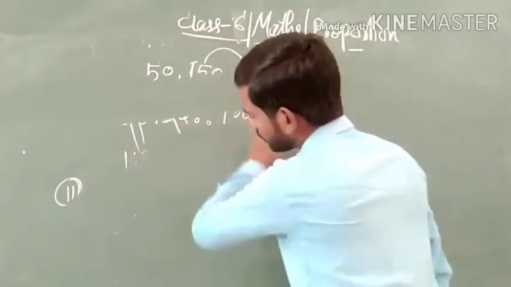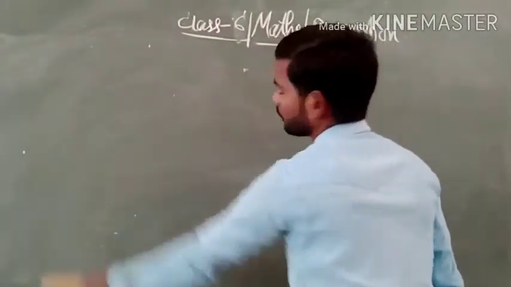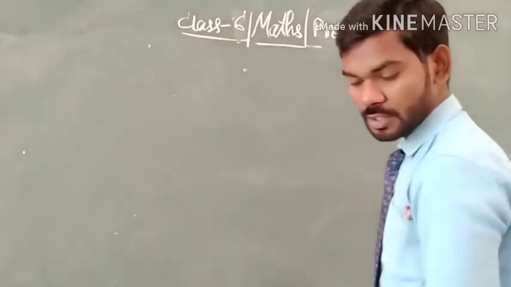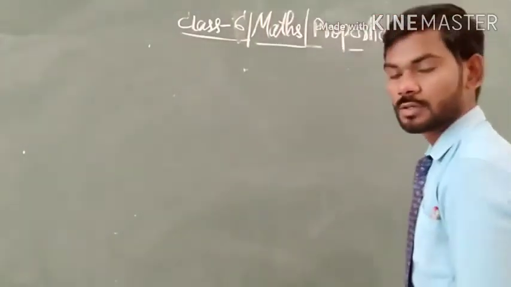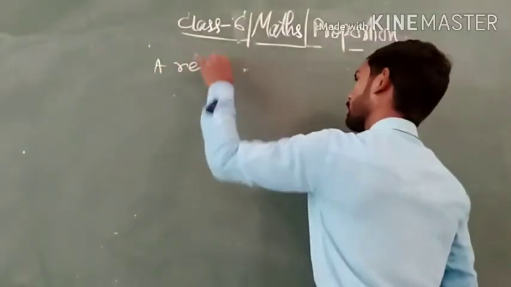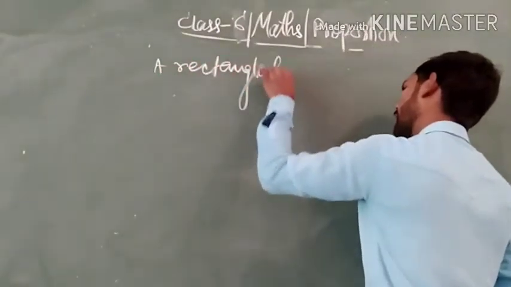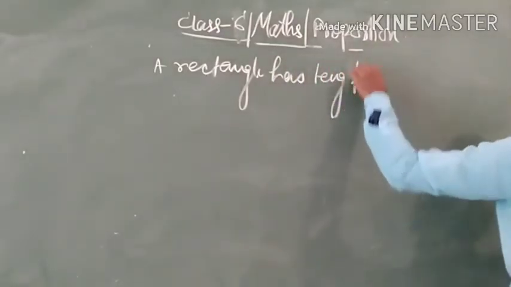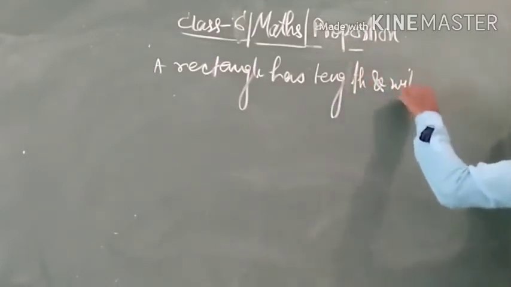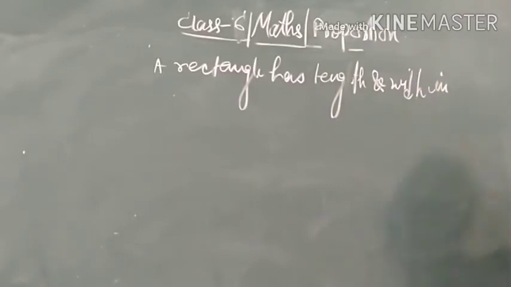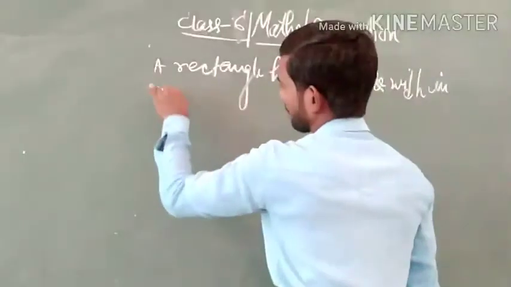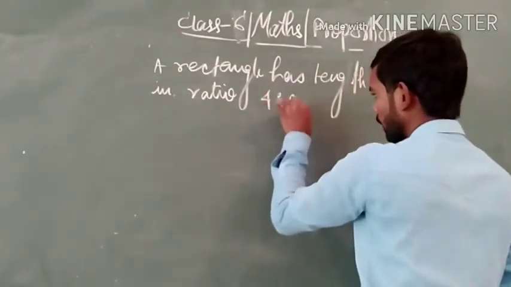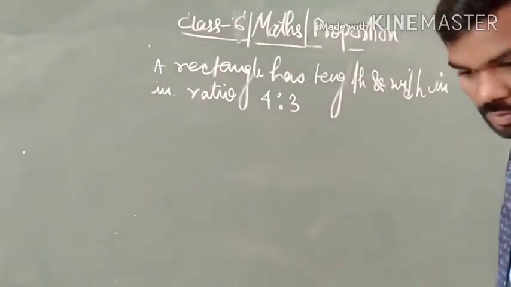We shall discuss a new type of question, which is the value based question, and the question says that a rectangle has length and width in ratio 4:3.